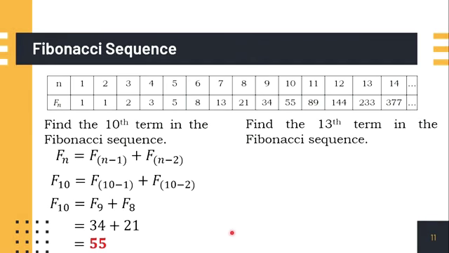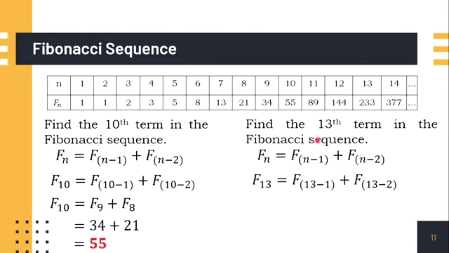Another, find the 13th term in the Fibonacci sequence. So we have, okay, using the formula, papalitan natin yung n natin ng 13. So 13 minus 1, that is 12 plus, dito 11. So ano yung value ng 12 natin? That is 144. And then yung 11 naman natin is 89.